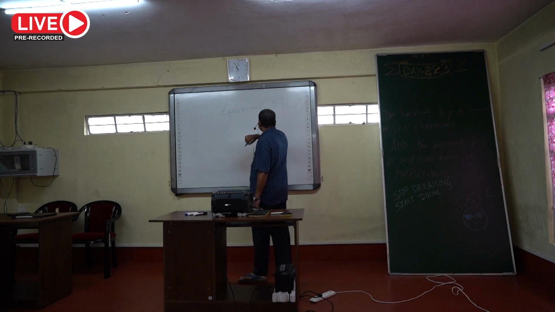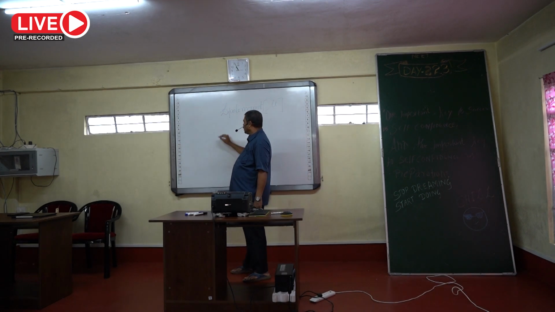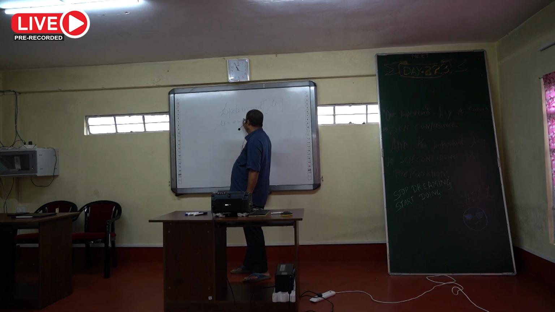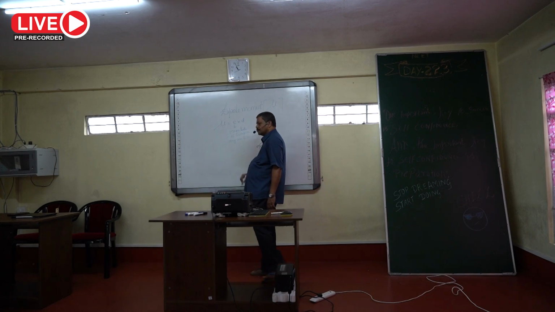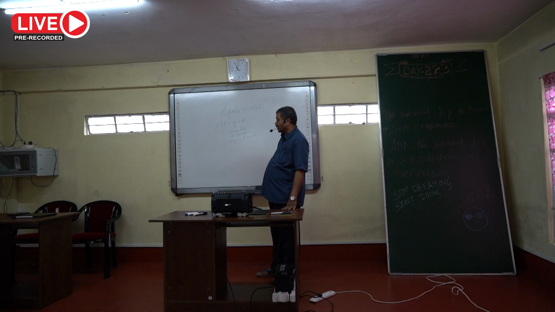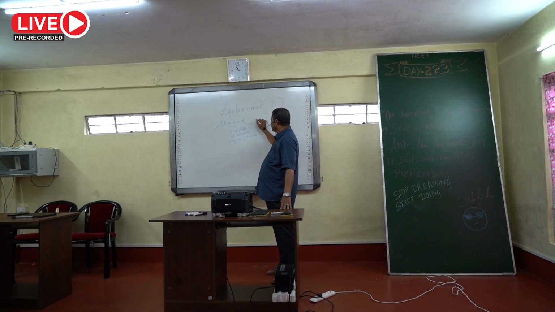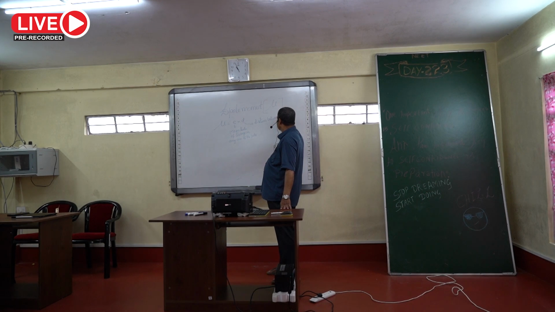Dipole moment mu is equal to e into d. e is the magnitude of charge on any one of the poles. d is the distance between the two poles, which is nothing but the bond distance.